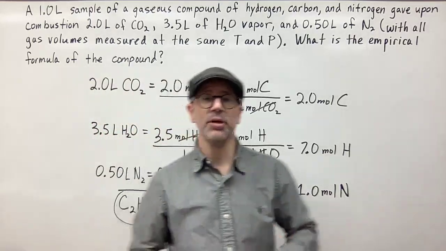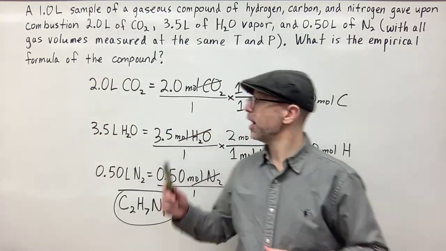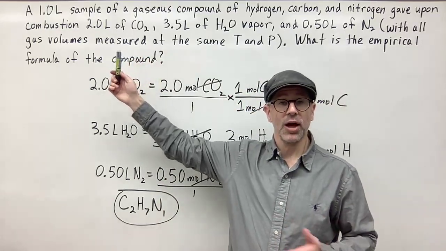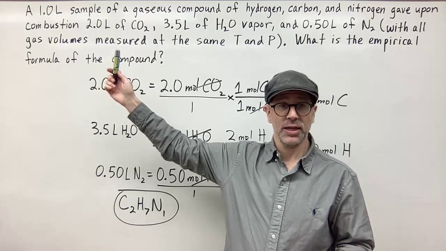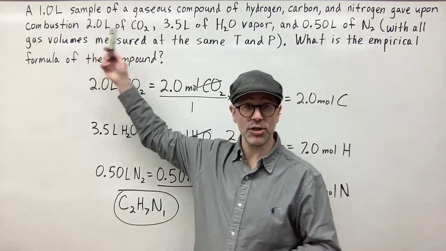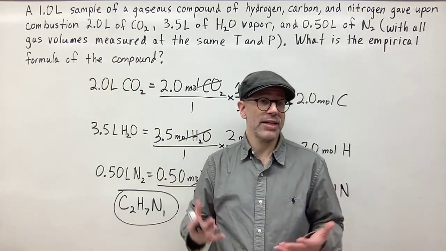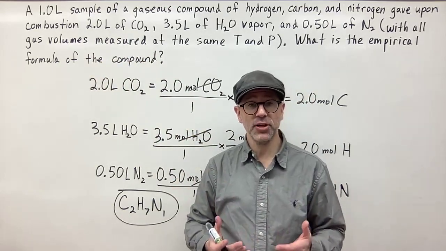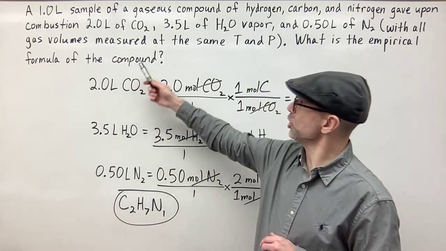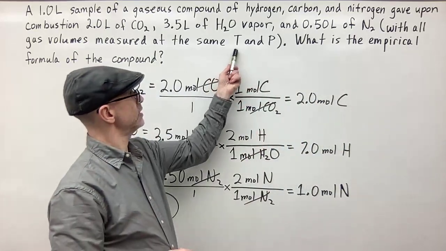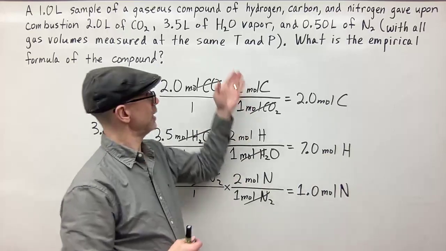So anytime you are given the amounts of the compounds of a combustion reaction in terms of liters of gases, and you're asked to find the empirical formula of the substance, check to make sure if they gave you the temperature and the pressure as constant.